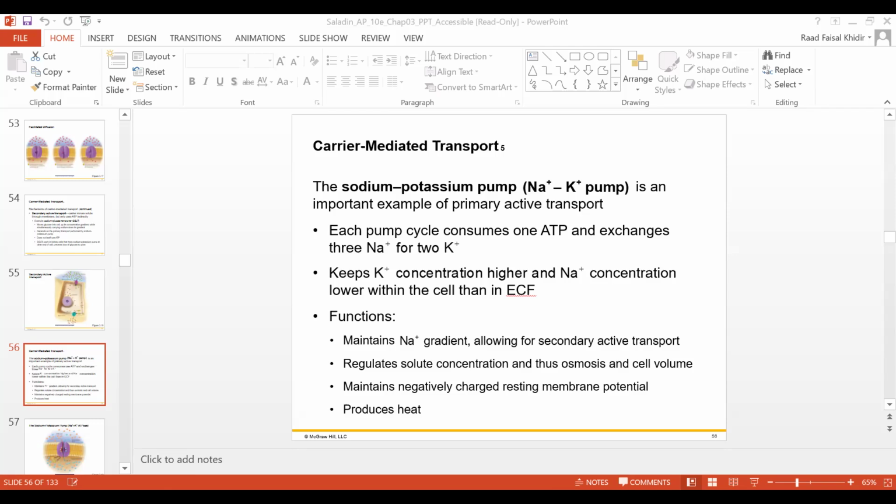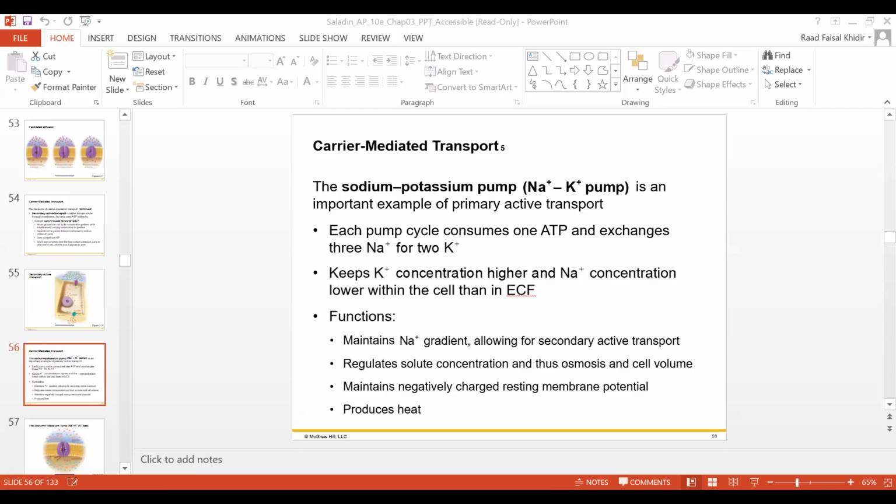Okay, the sodium potassium ATPase has 3 seats on one side, and it has 2 seats on the other side.